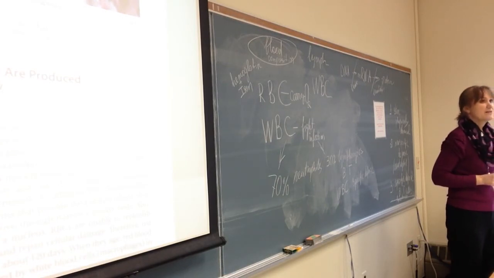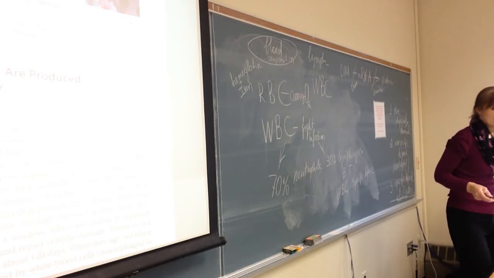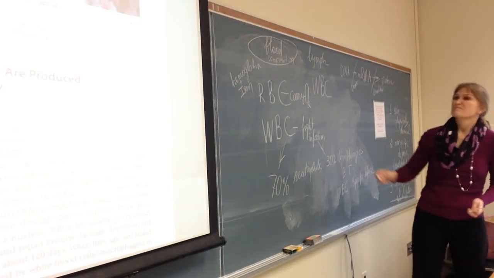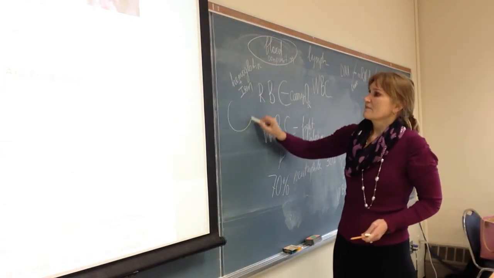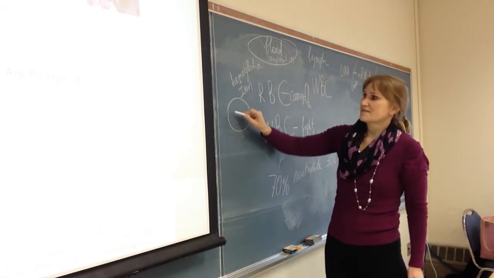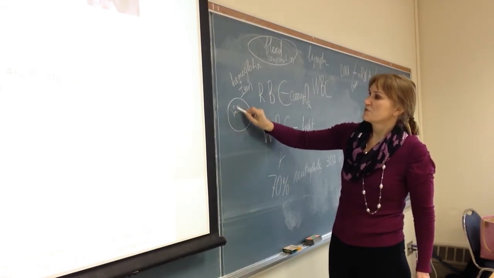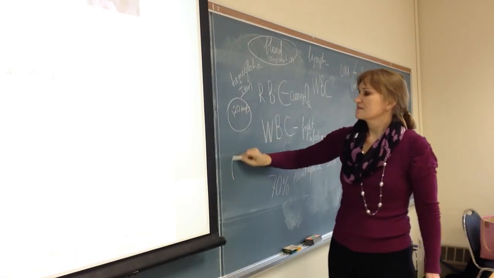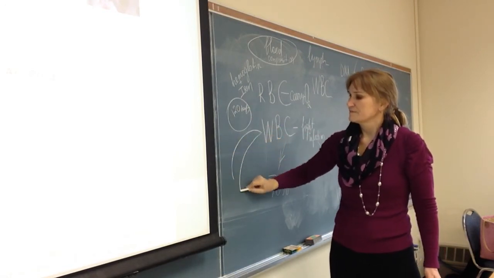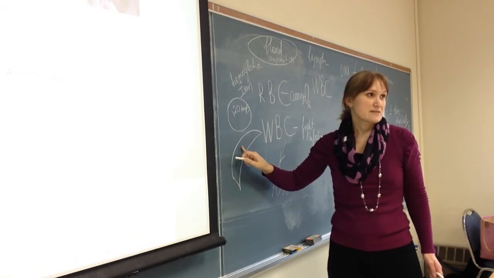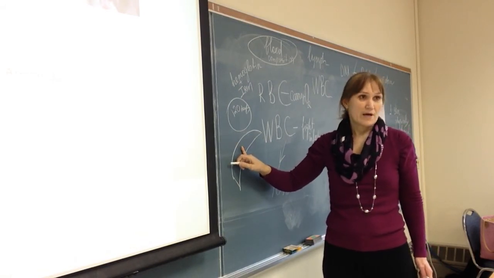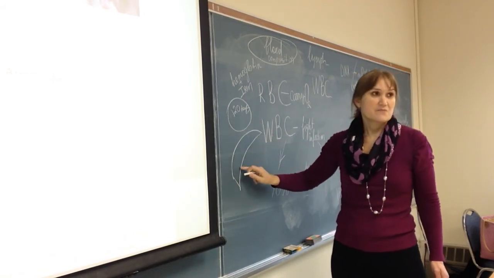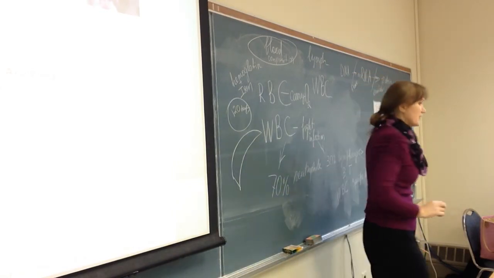Is anybody familiar with that disease? Red blood cells live for 120 days. Sickle cell anemia, the red blood cells look like sickles. Why? Because of the misfolded hemoglobin.